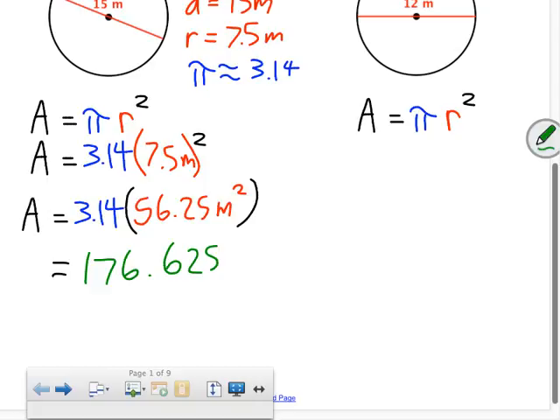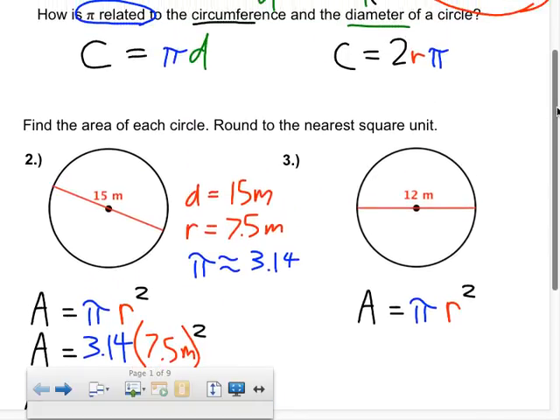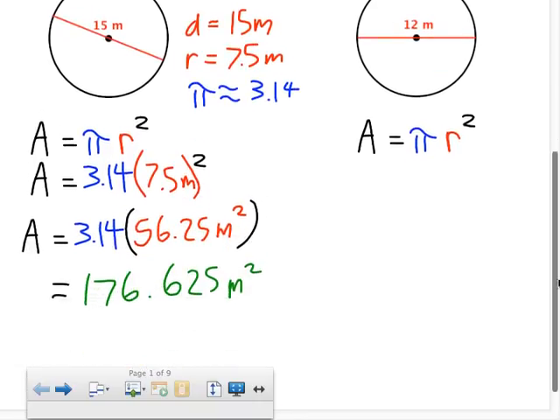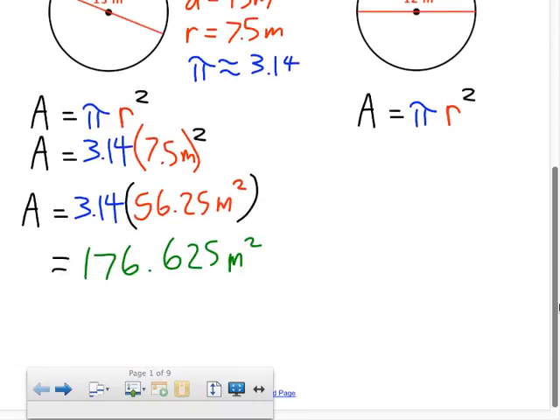Yeah. And it's meters squared. But this is where some of you guys messed up also. You have to round to the nearest unit. They said the nearest unit, and that means the nearest whole. So what's that going to be rounded to the nearest whole? What's that going to be?